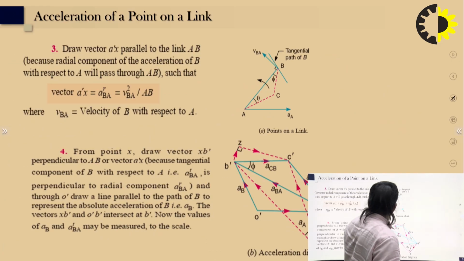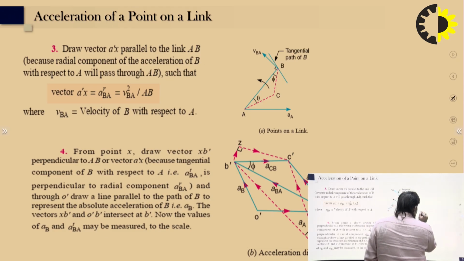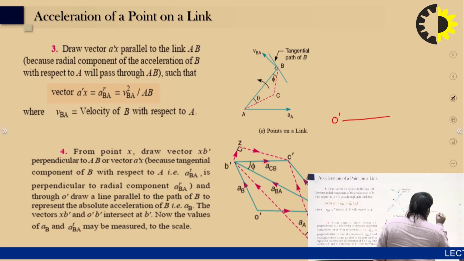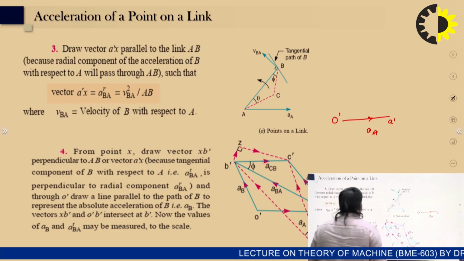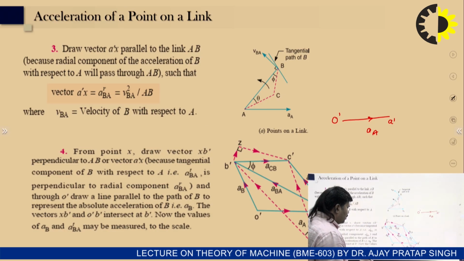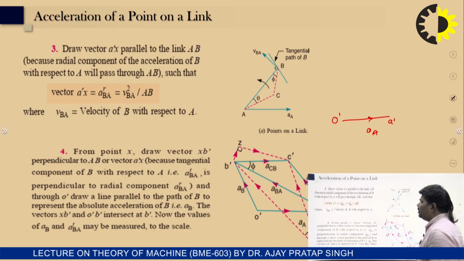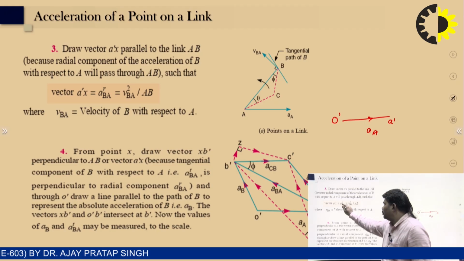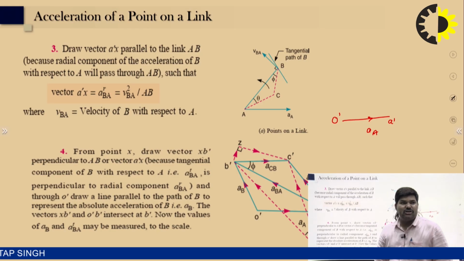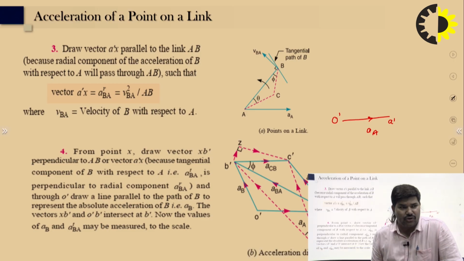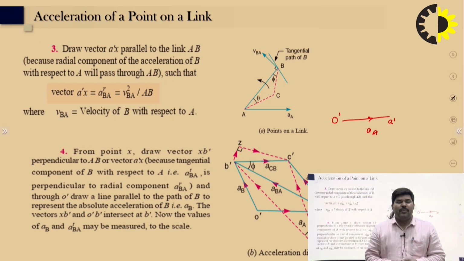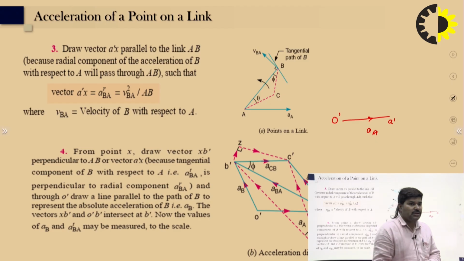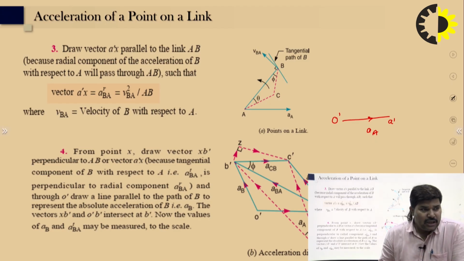In the last slide I have drawn, take a suitable point O dash and draw O dash A dash, that is the acceleration of A. From A dash draw A dash X parallel to the link AB, because the radial component of the acceleration of B with respect to A passes through AB, such that A dash X equals a^r_BA, which equals V_BA squared over AB, where V_BA is the velocity of B with respect to A. From X, draw the vector X B dash perpendicular to A dash X, because the tangential component of B with respect to A is perpendicular to the radial component.